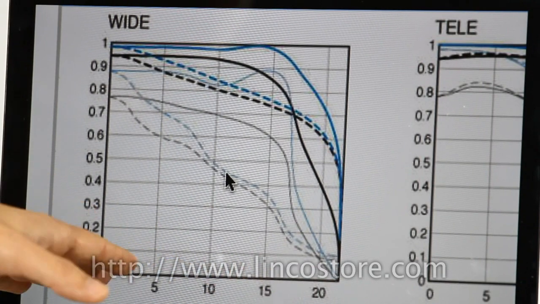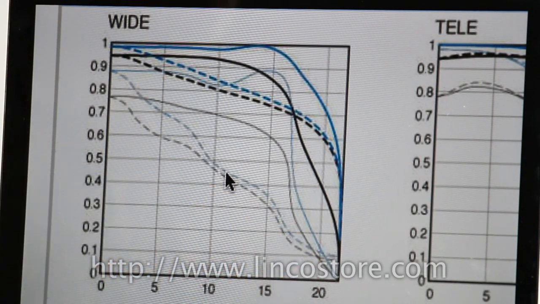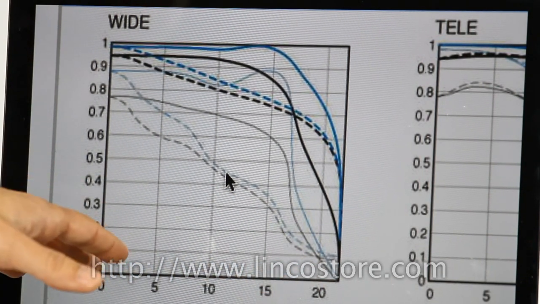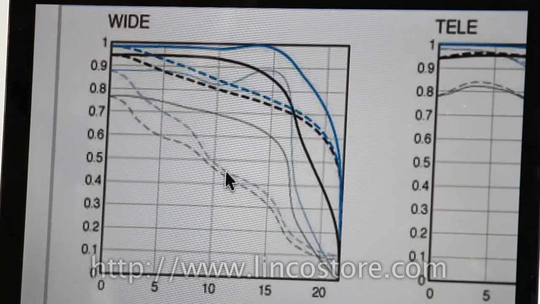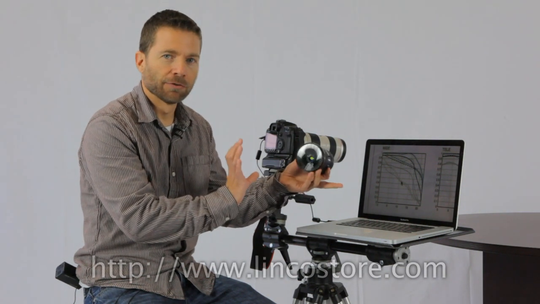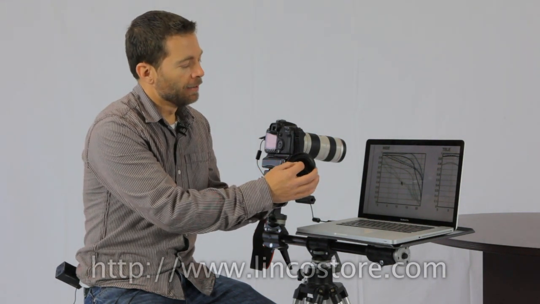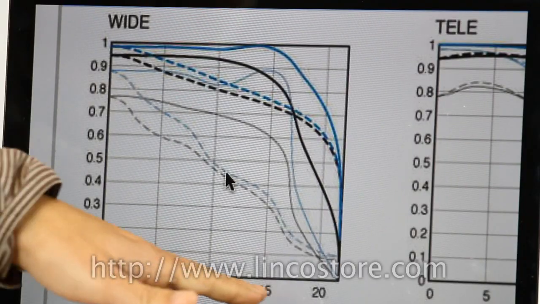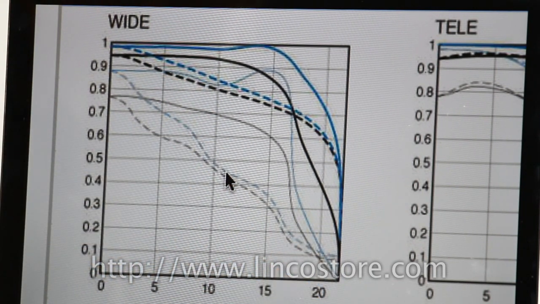But now coming down here to the bottom, this scale represents in millimeters the distance out from the center of the lens. So at 0 here on the left, we're talking about the lens's ability to perform at the middle of the lens or the middle of the frame as you take your rectangular photo and look at it, and then going outwards towards the edge of that frame or the edge of the lens is what we're seeing out here at the 20mm side of things.